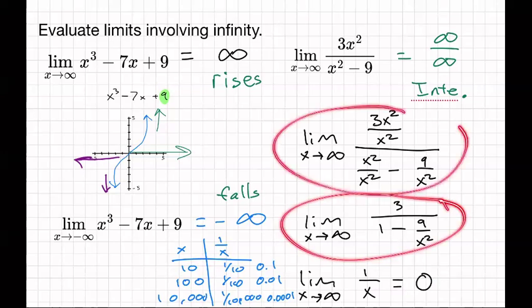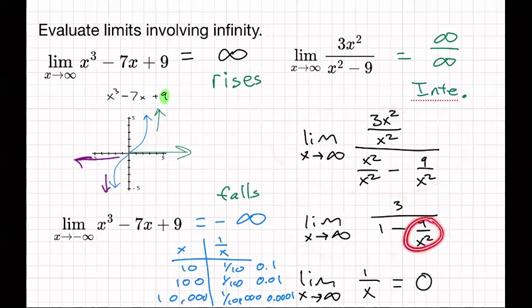And we can use that here with this problem. By doing this division, we can isolate that one term to have the fraction where that's my only variable now, and it's in the denominator. With that 9 on top, this is just going to grow to 0. As it grows and grows and grows, it's just going to approach 0. Well, the nice thing about that is now I have a way to evaluate this one.